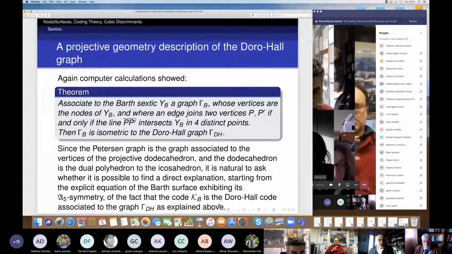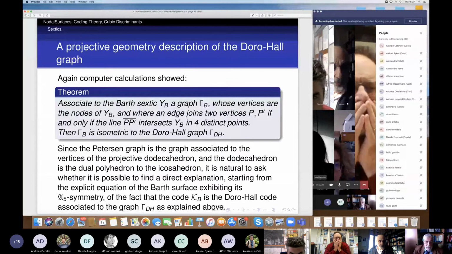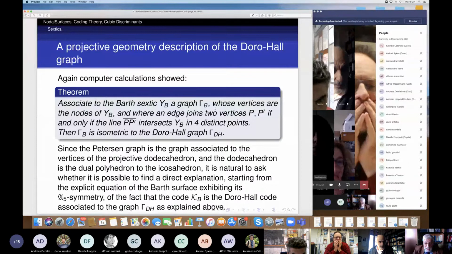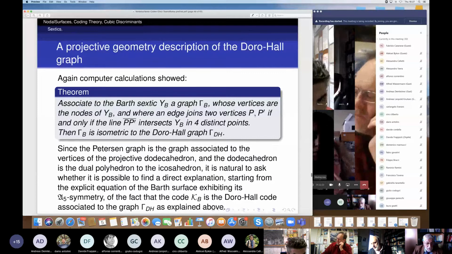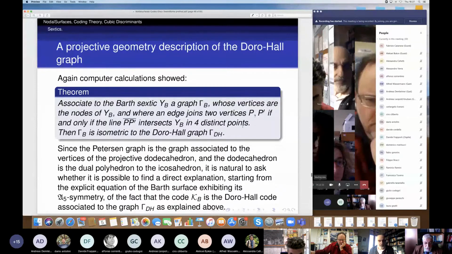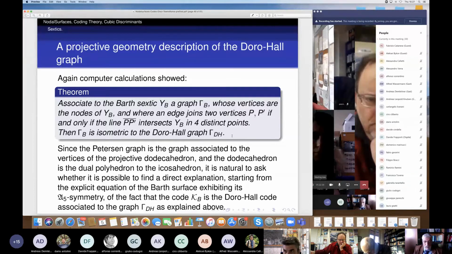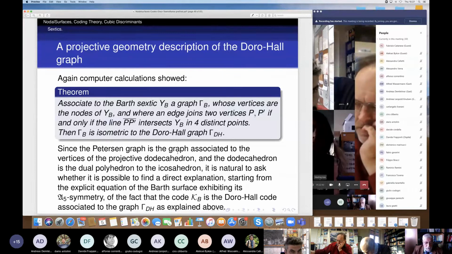Now, what is beautiful is that the Barth surface allows to reconstruct this graph. You take the Barth sextic and you associate a graph whose vertices are the nodes, where an edge joins two vertices if and only if the line intersects Y, the surface, in 4 distinct points. Then this graph is isomorphic to the Doro Hall graph. And all this was found by computer calculations. It's completely beautiful.